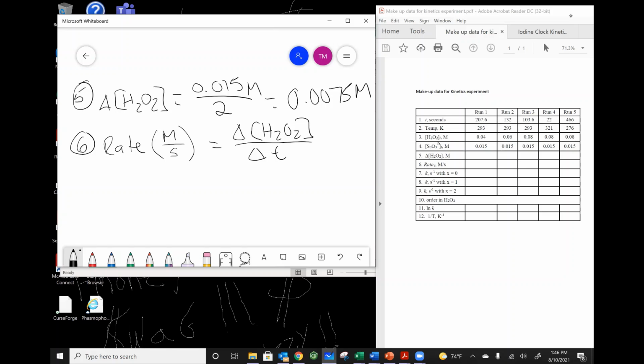So for run 1, the rate is going to be equal to 0.0075 molar divided by 207.6 seconds.